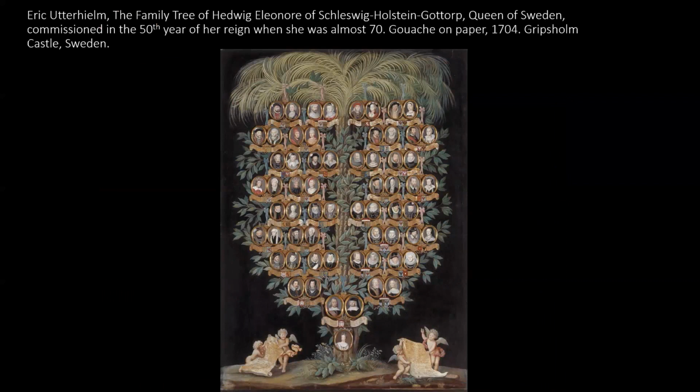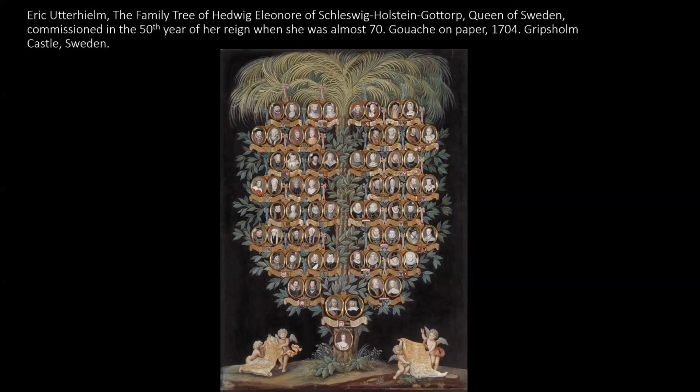And it's an excellent example of a woman demonstrating and claiming her own identity, no matter how long she has been married into a different dynasty. I mean, the extraordinary thing about this is that Hedwig Eleonore has been in Sweden now for 50 years, and she's a woman of 70.